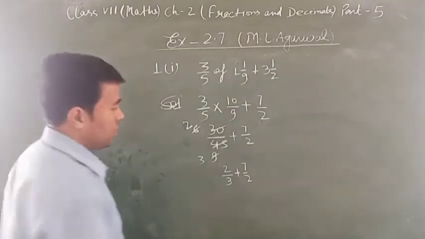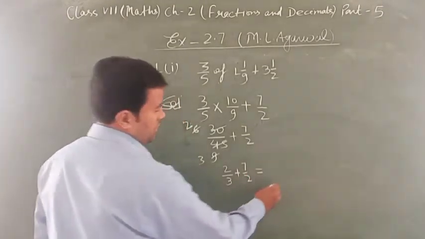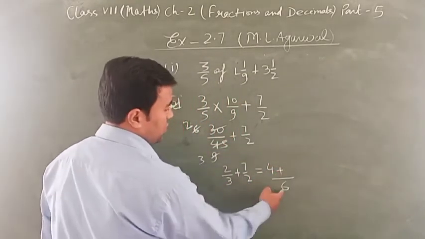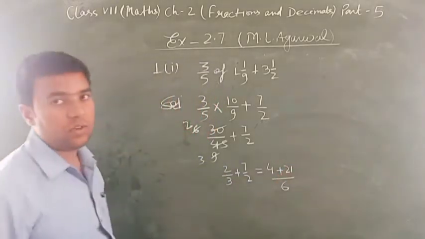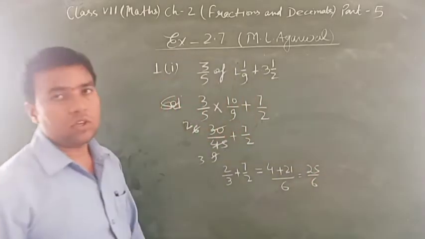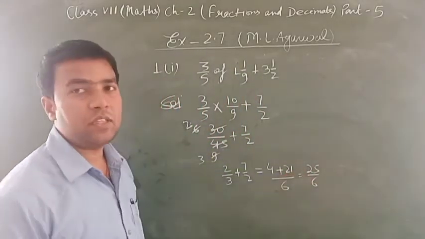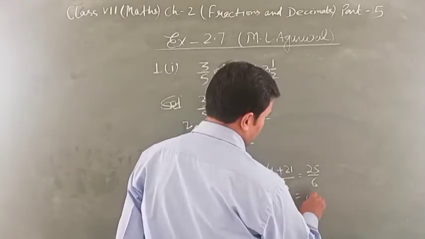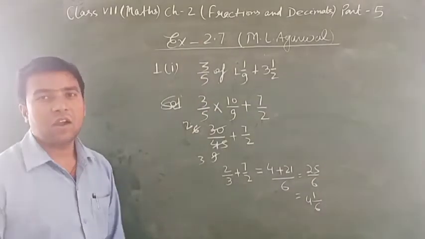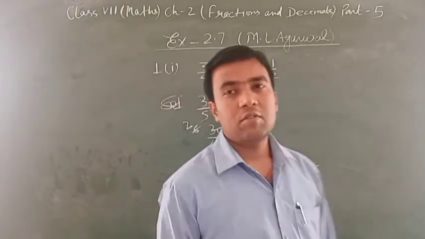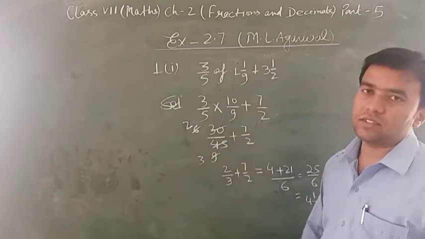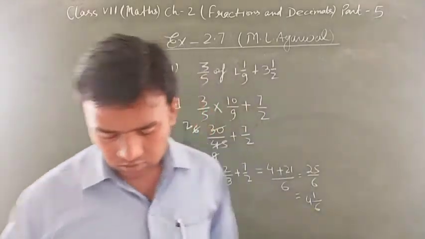It is a fraction, so the LCM of the denominators is 6. 3 twos are 6, 2 twos are 4, 2 threes are 6, 3 sevens are 21. After that 25 by 6. You can change it into a mixed fraction: 6 fours are 24, so 4 whole 1 by 6. What is the answer? First you find the of, then you do the plus. Note down this.